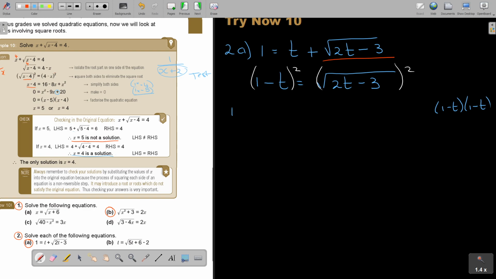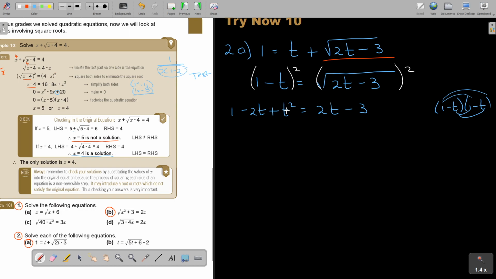So I square the first term, I multiply the two with each other, so you will get minus t, and then I multiply 2, so it's minus 2t, and then I square, so it becomes a positive. But if you multiply it out, you will get the same. Okay, so I will get 2t minus 3.